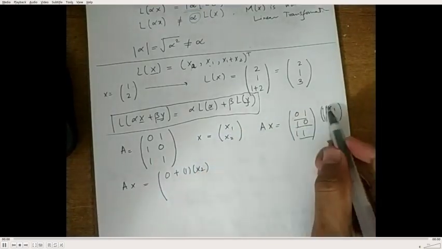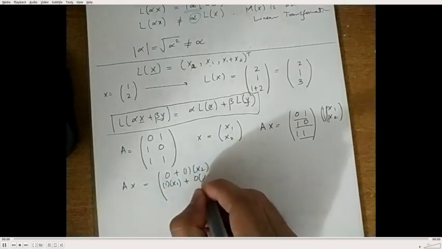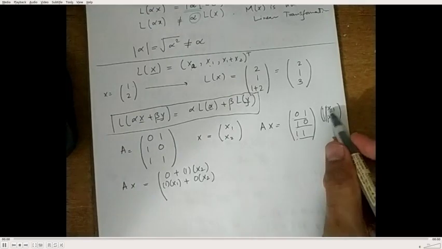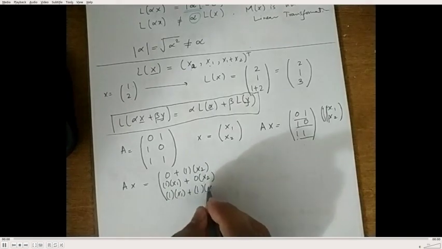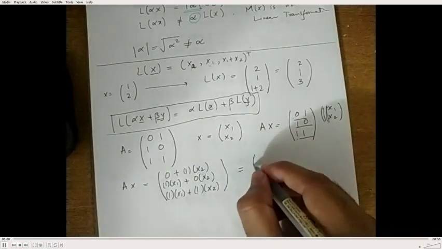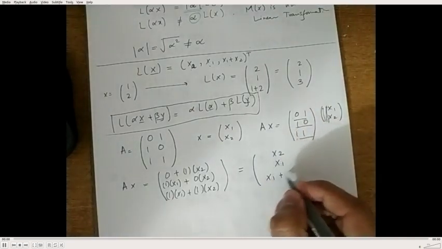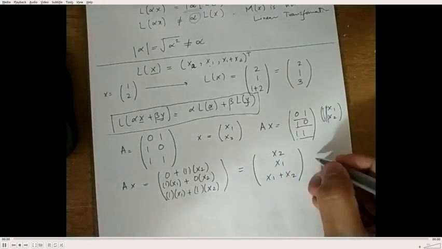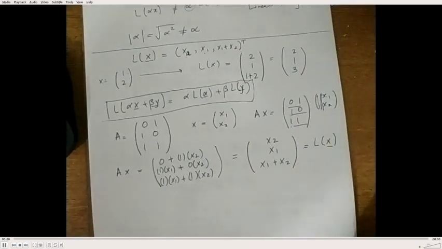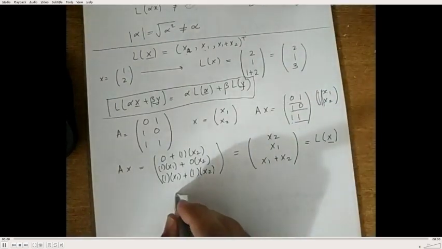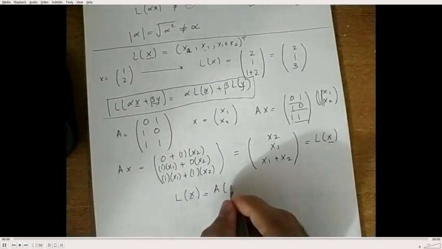Second row: 1 times x1 plus 0 times x2. And finally 1 times x1 plus 1 times x2. The result is the first component x2, the second component x1, and the third component their sum, which is exactly equal to the linear transformation that we were doing. So in this example, we've shown that this transformation can be obtained by matrix multiplication.